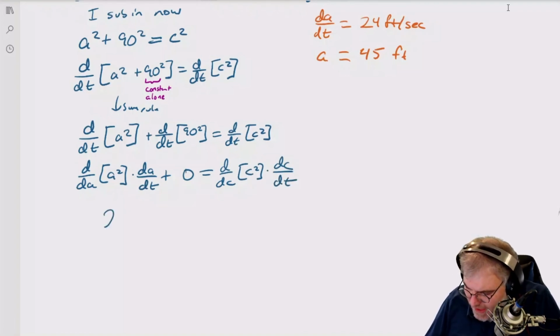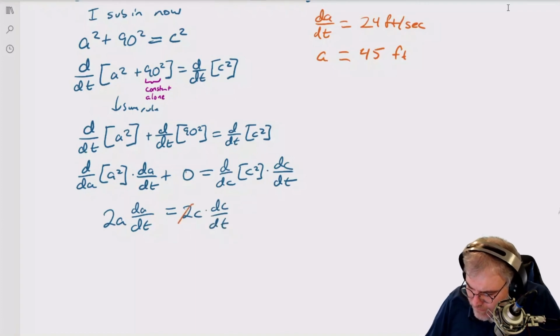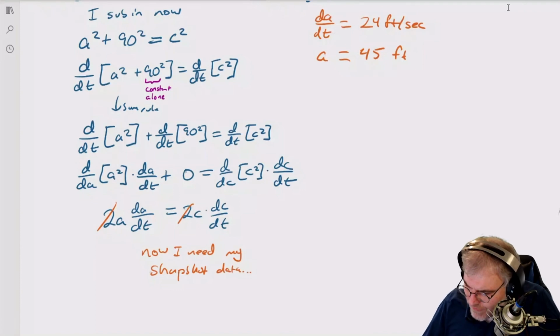This here becomes 2A dA over dt plus 0 equals 2C times dC over dt. I'm going to divide out the 2's and get rid of those. And now I have my relationship. Now I need my snapshot data. I don't have C.